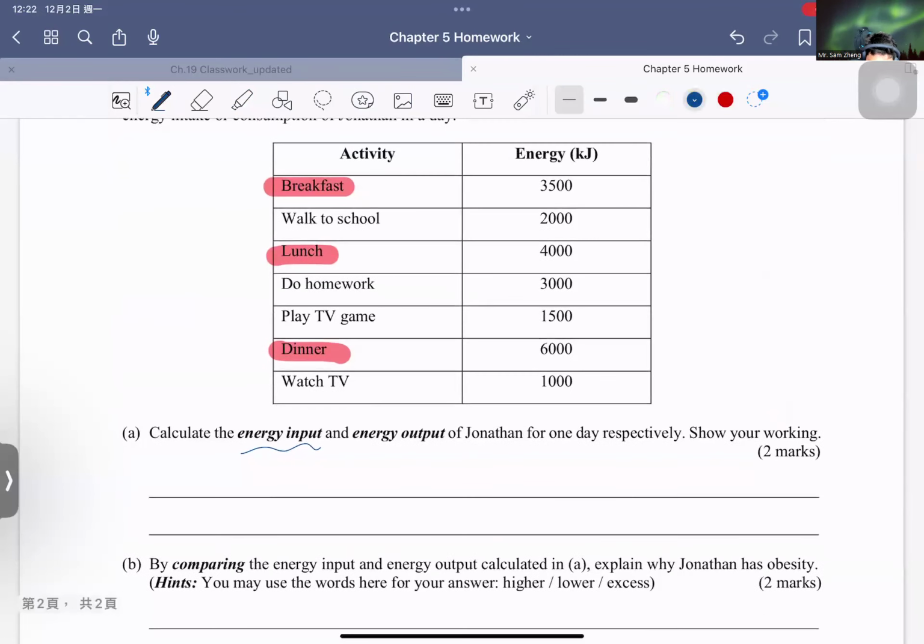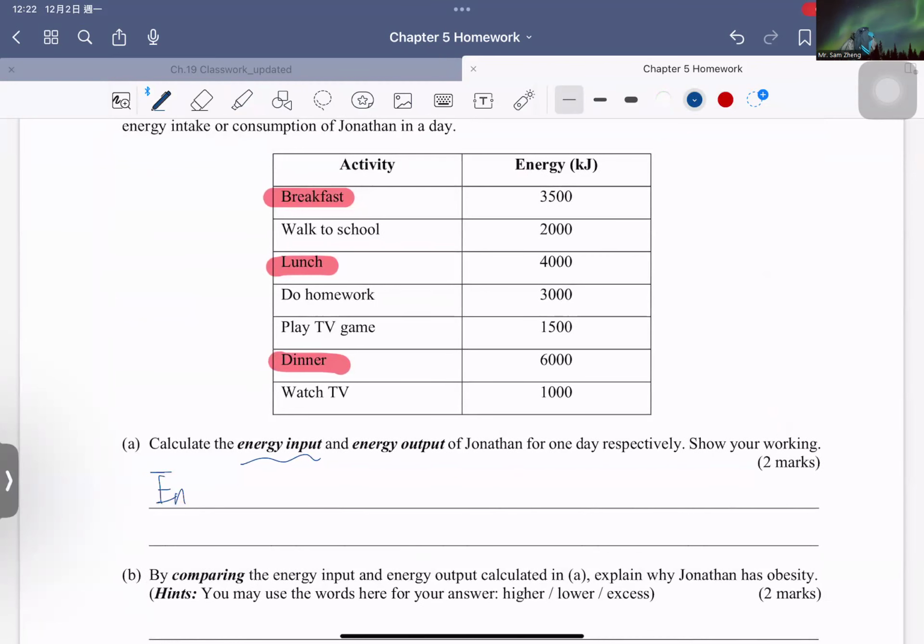So now what we need to do is to clearly mention the energy input. Many of you did not mention the energy input or the energy output.